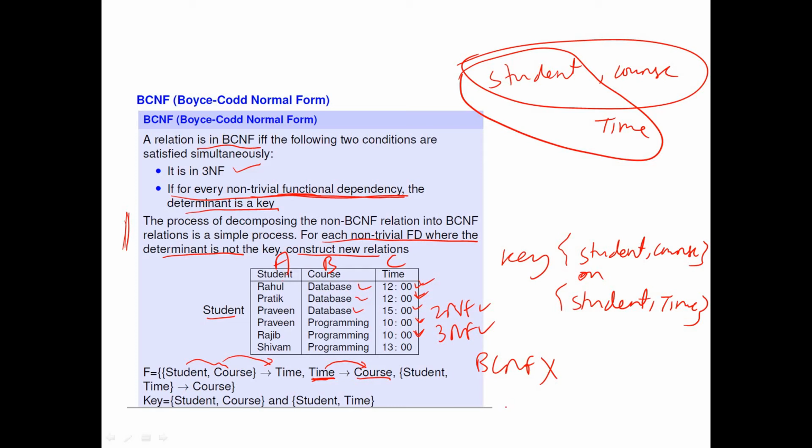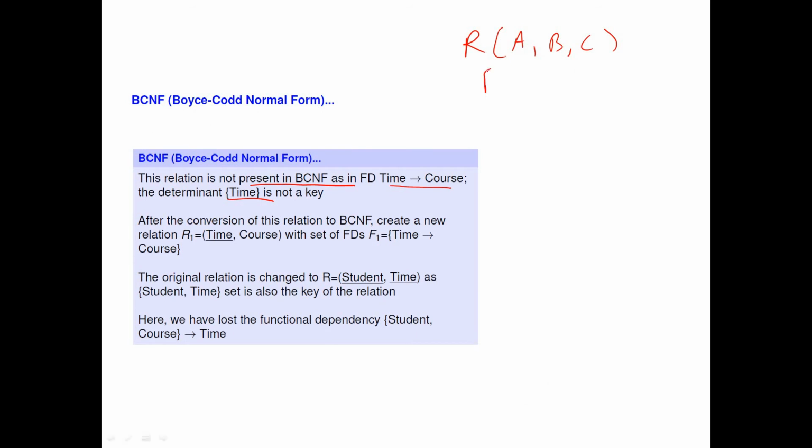My functional dependencies are AB to C, AC to B, and C to B. So F contains AB to C, AC to B, and C to B. Here I can find the keys are either AB or AC. All are key attributes, nothing is available in the non-key attributes.